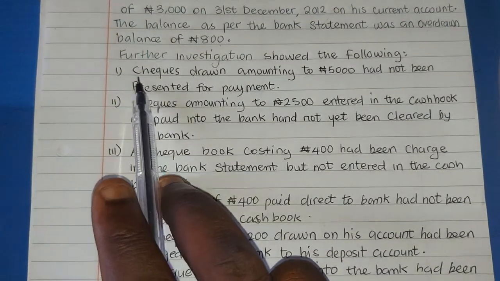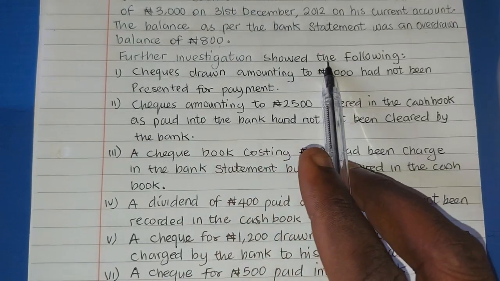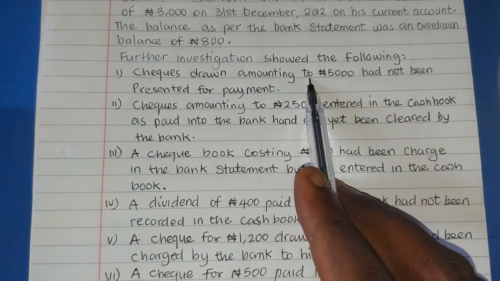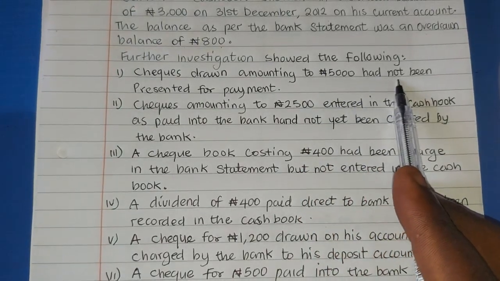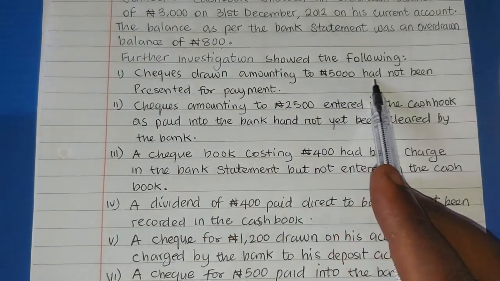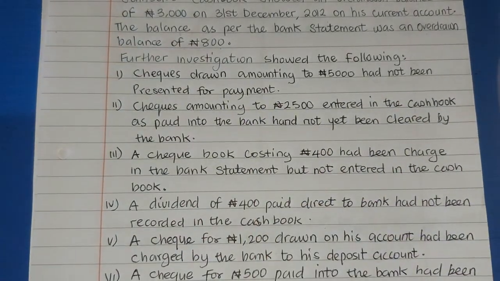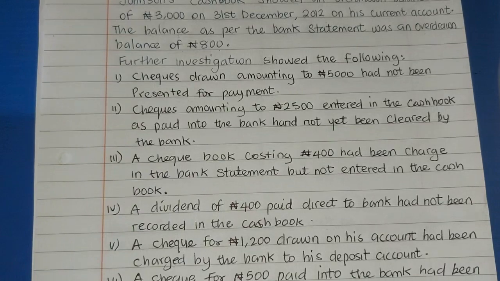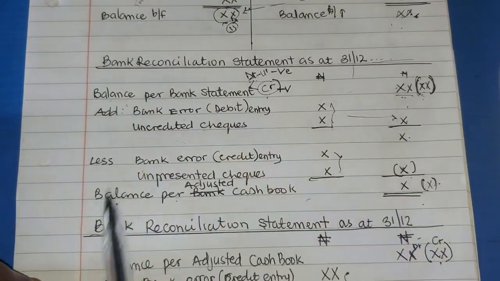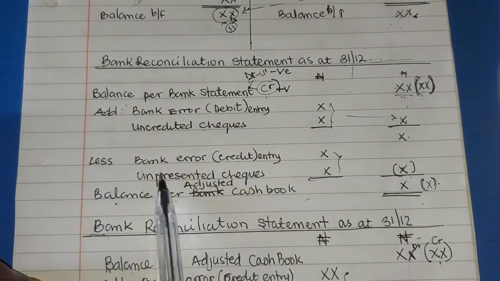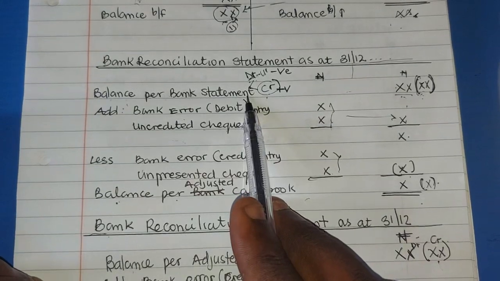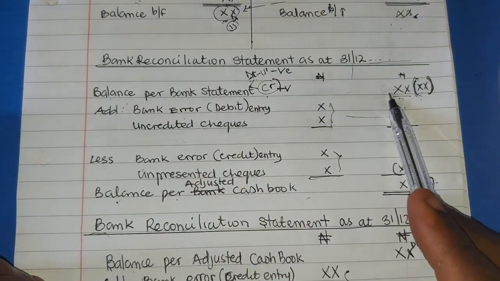Then we are told that further investigation shows the following. Check amounting to 5,000 naira had not been presented for payment. If the check had not been presented for payment, what do you do? From the format I gave you, you will always less unpresented check if you start with balance as per bank statement, whether overdrawn balance or favorable balance.